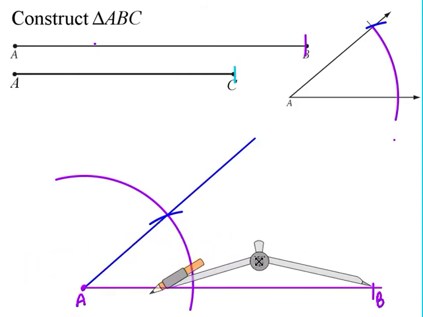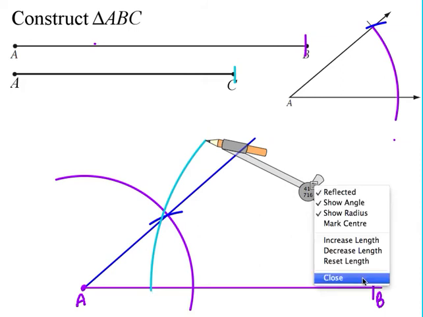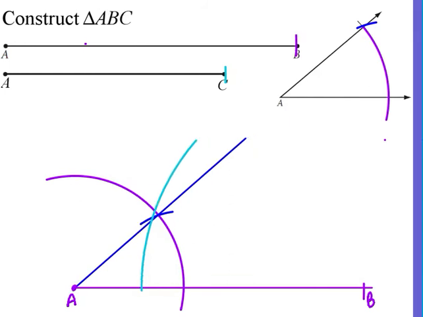So what are you going to do at B? Make an arc, a big arc. Okay, so now I know that where that aqua arc intersects the blue is what point? C, because I've already got B on there.